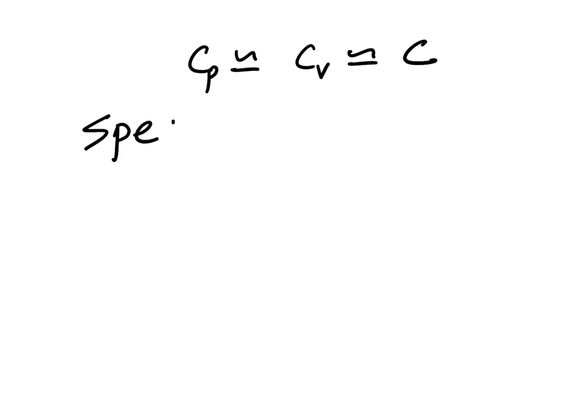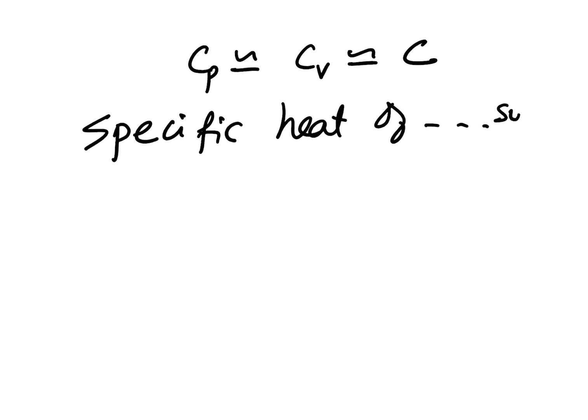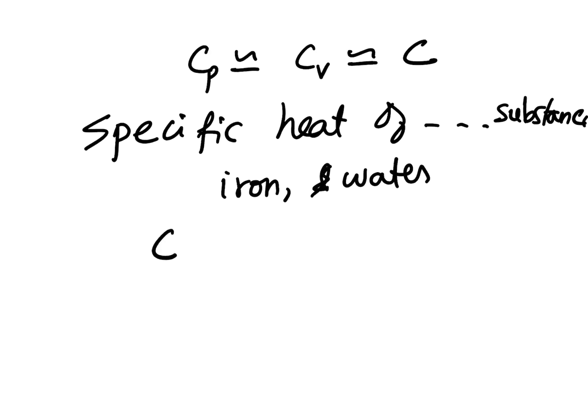So I'm going to write this again on the next page. Cp and Cv are approximately equal. We call it just the specific heat of such and such substance. So you can think of solids like iron or liquids like water. They do have a temperature dependence.